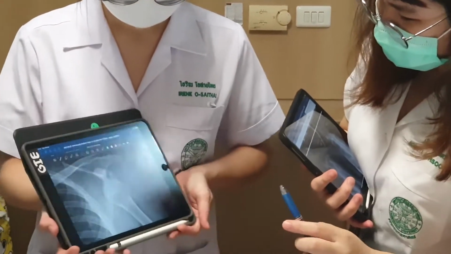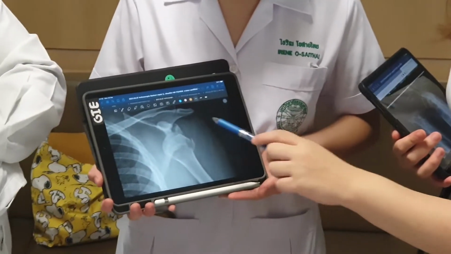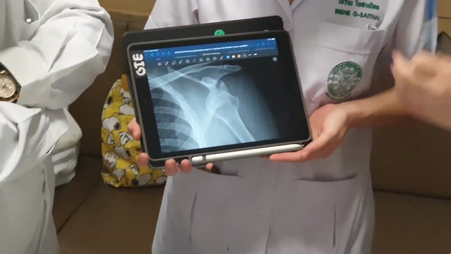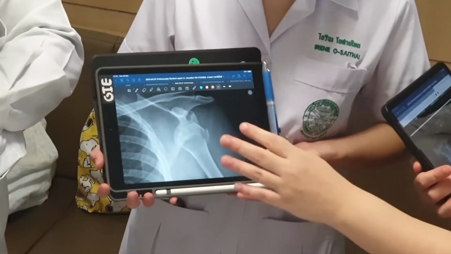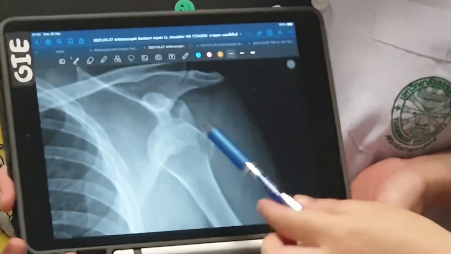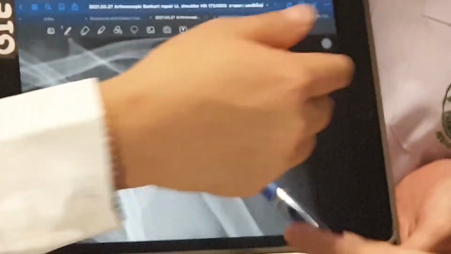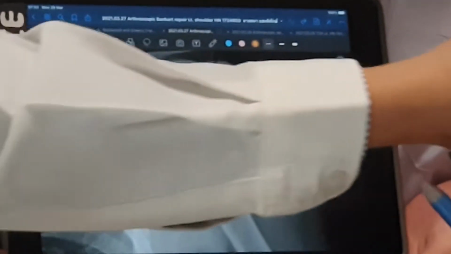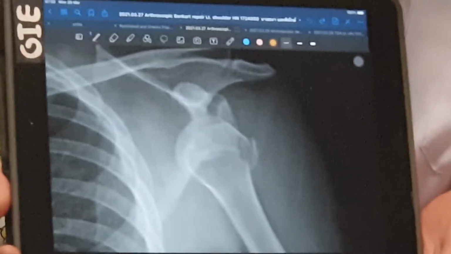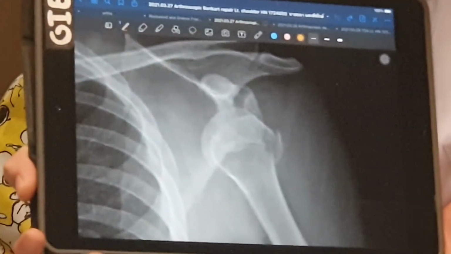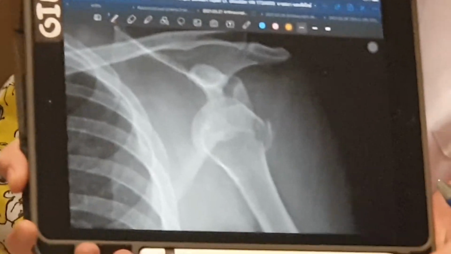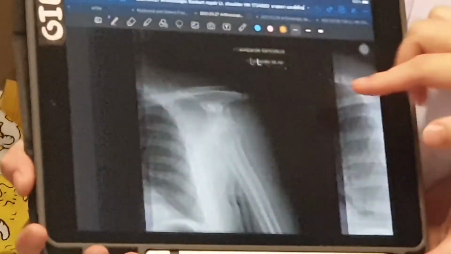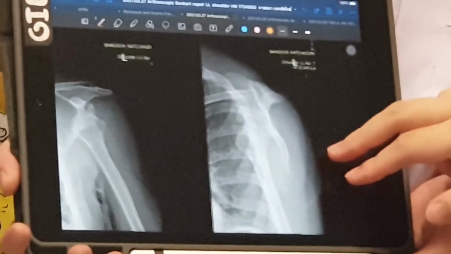As you can see, the head of humerus is dislocated anteriorly. It will be easier if we see the lateral view.